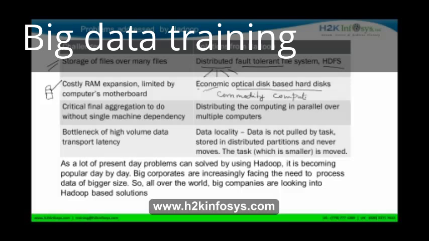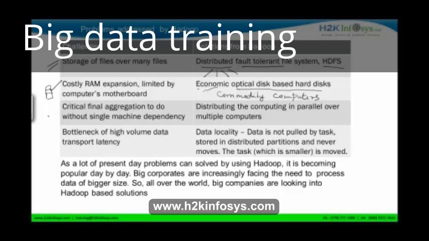Okay? So economic optical disk-based hard disks started to be used. And of course, it has to be cheap. If we have to keep all those data, but we have to pay a huge price for it, then the companies don't want to do that. They want it cheap, right? So Hadoop became an economical solution to their need. And so it was accepted.